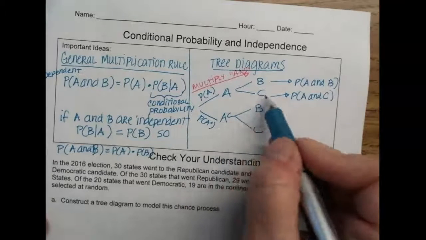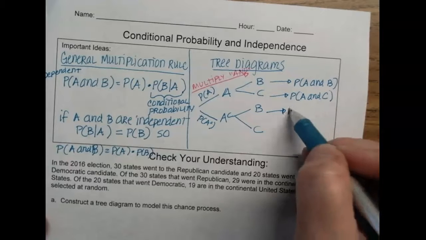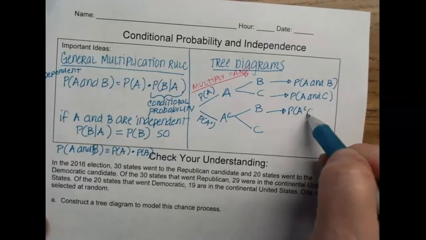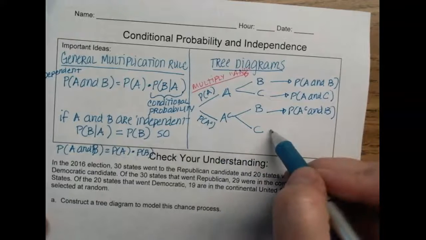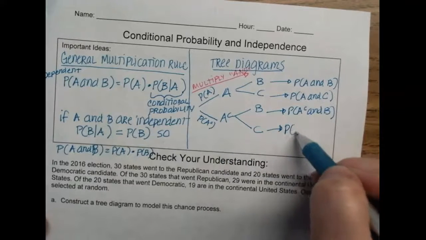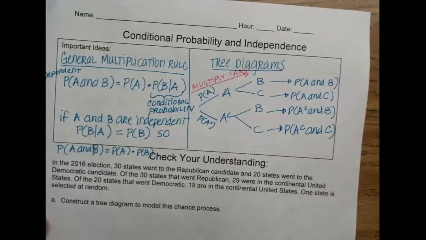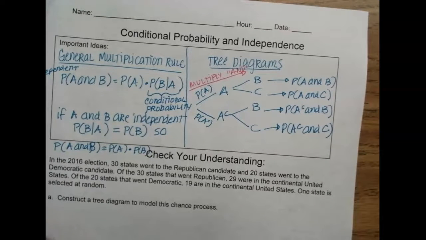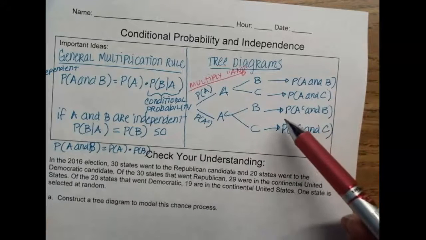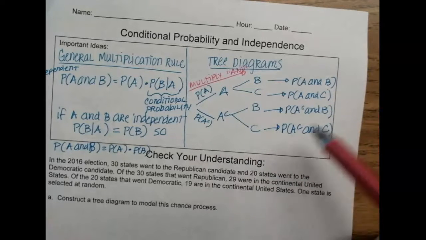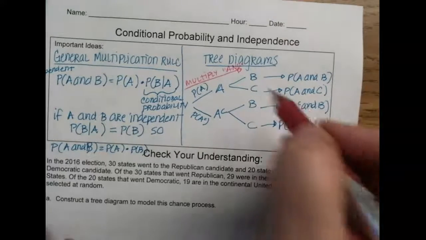Then I ran out of branches up there, so I'm starting back over. This branch will lead to the probability of A complement and B. And then finally the last branch will give me the probability of A complement and C. So we're multiplying across the arms, but if I'm asking how many ways can you win this, because I can win it this way or that way, the word OR keeps being in there.